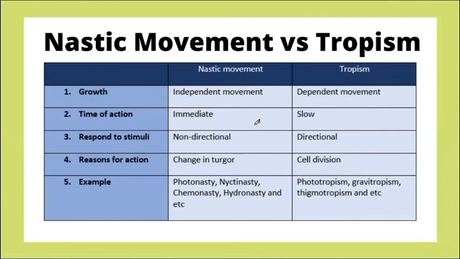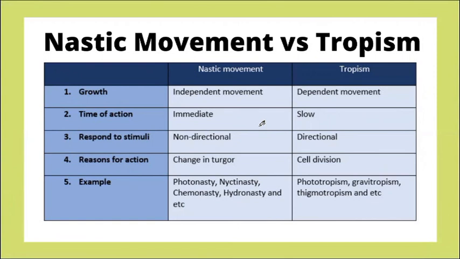The response to the stimulus in nastic movement is non-directional, since the stimuli are external and diffuse, while tropism is directional. The cause of nastic movement is a change in turgor, while tropism is caused by cell division.